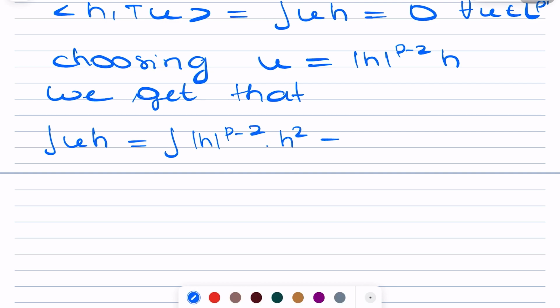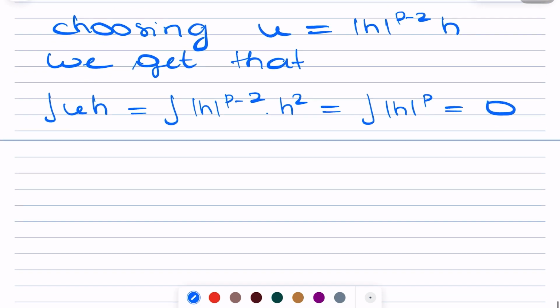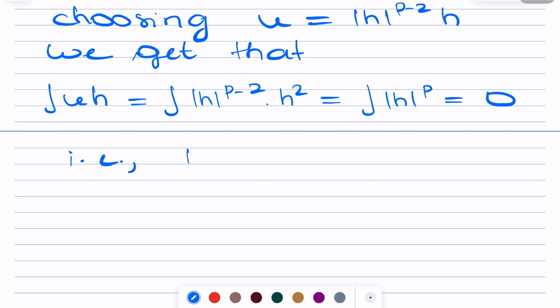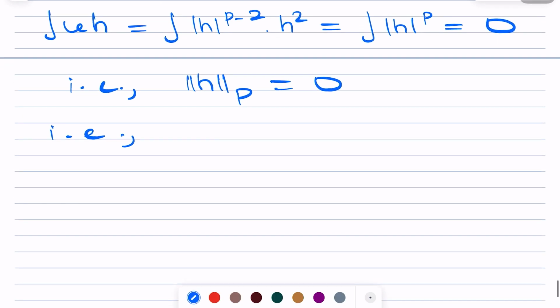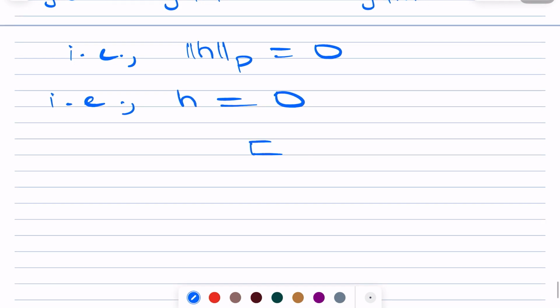So this is the integral of the absolute value of H to the power P, and this should be 0. So the LP norm of H is actually 0, but because the LP norm is a norm, this implies that H is equal to 0. And then we are done.